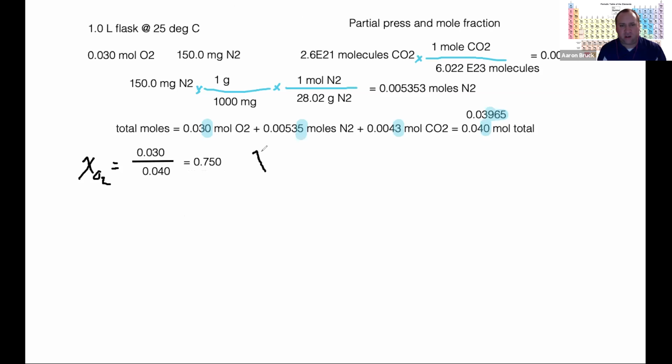For the mole fraction of nitrogen, I would have 0.005353 divided by 0.040. 0.005353 divided by 0.04 to 2 significant figures, I would get 0.13.